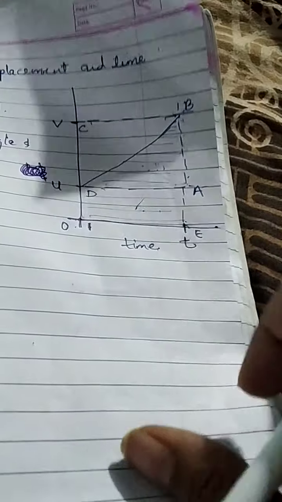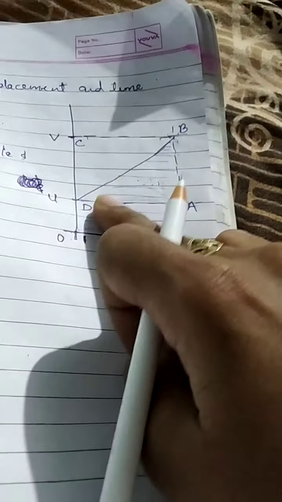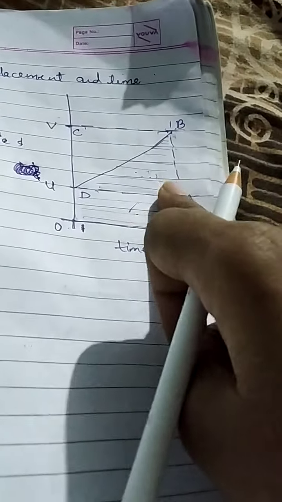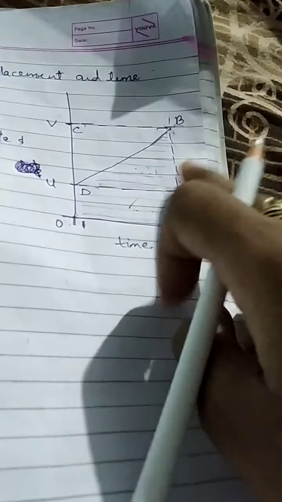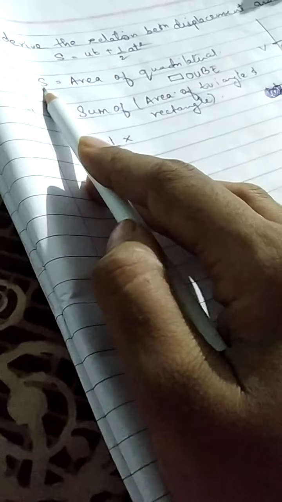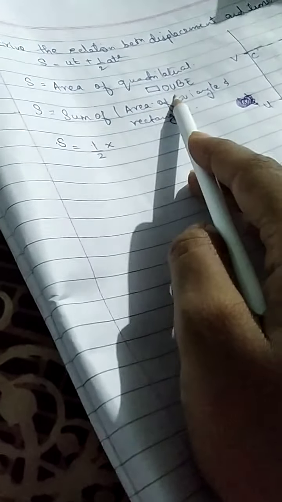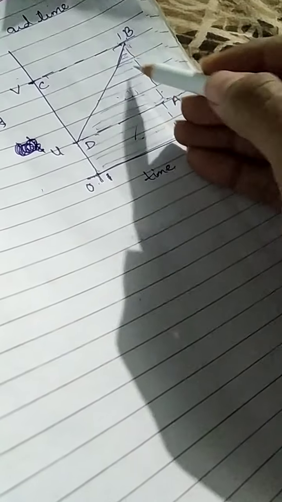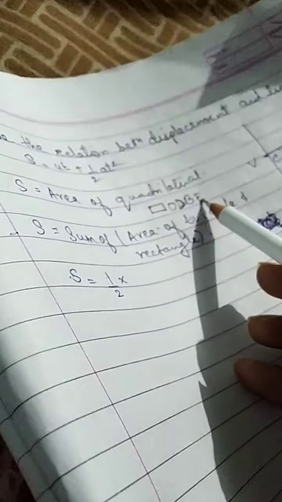So now we are going to see the displacement done in this area. Now what is displacement? Displacement is the area of quadrilateral ODBE.